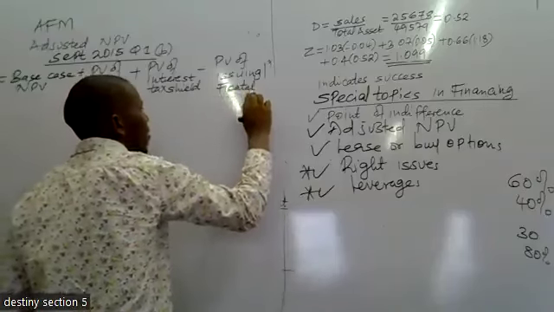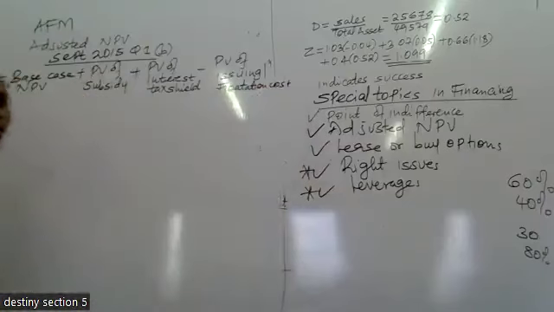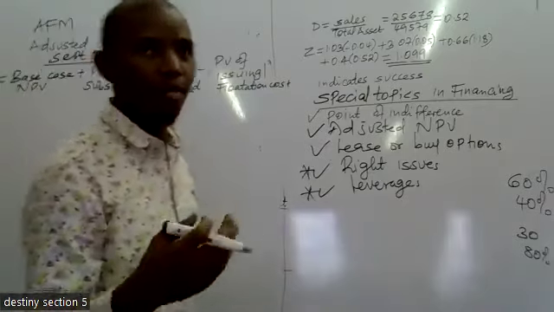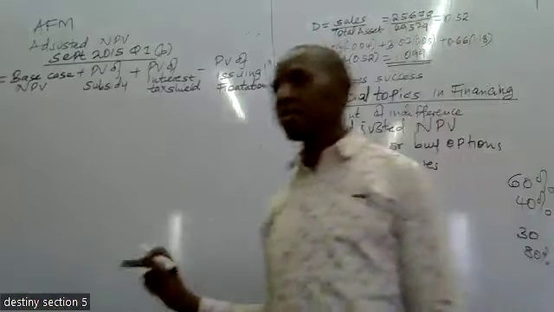So we put them together. That is how you'll be able to get the adjusted NPV. And remember, when NPV is positive, you accept the project. NPV is negative, you reject the project.